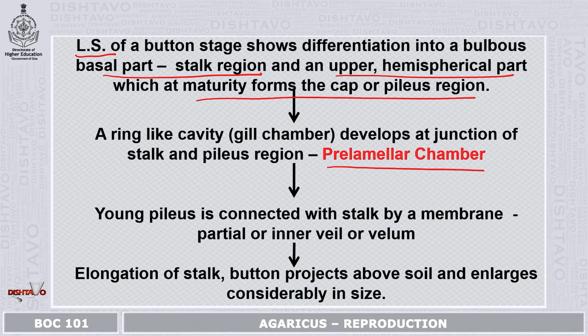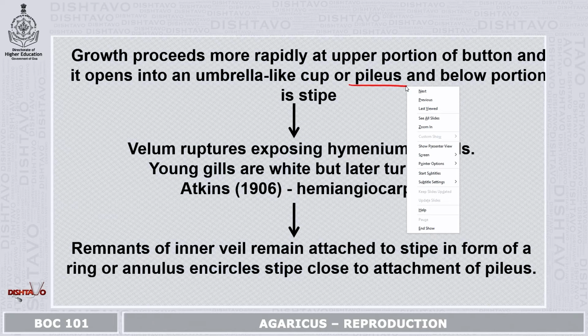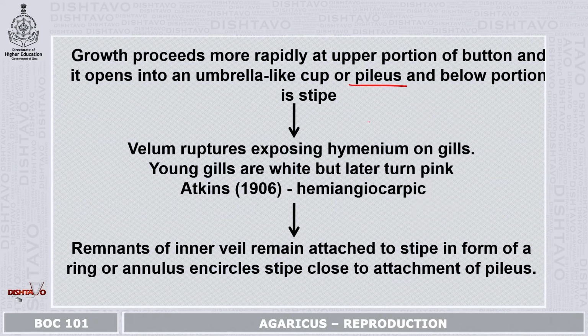Now, when the mushroom is small, in the button stage, it is covered with a membrane which is called a velum. But as the button mushroom expands and grows bigger in size, the growth proceeds more rapidly at the upper region, forming an umbrella-like portion which is called the pileus, whereas the growth doesn't take place at such a fast pace in the stipe region.